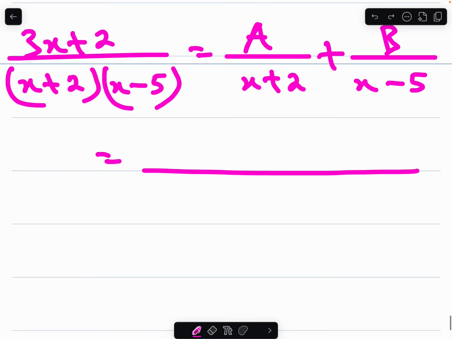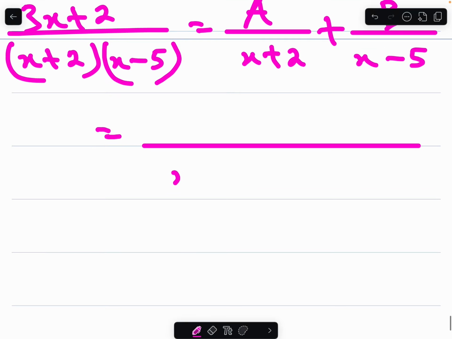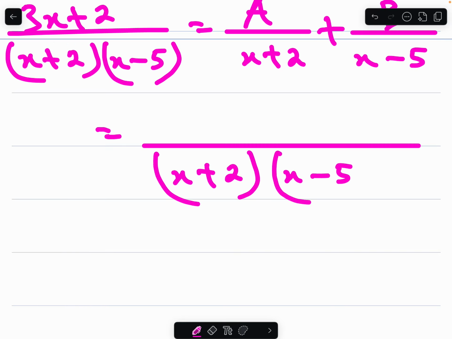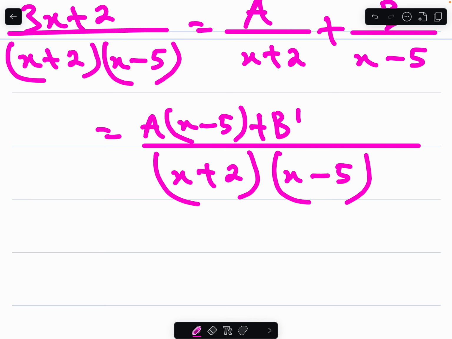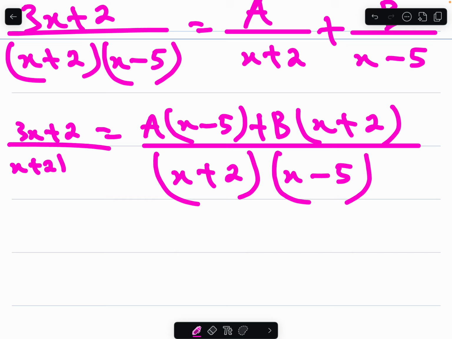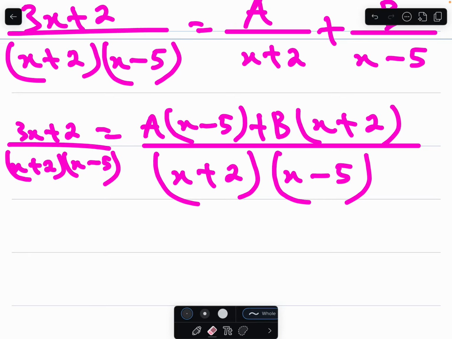The LCM is x plus 2 times x minus 5. And that simply means A into bracket x minus 5 plus B into bracket x plus 2. What this means is that 3x plus 2 over x plus 2 times x minus 5 is equal to what is on the right hand side.